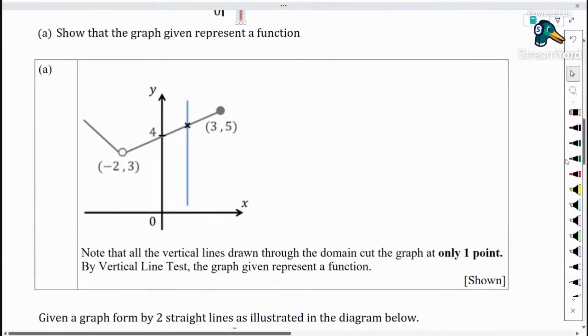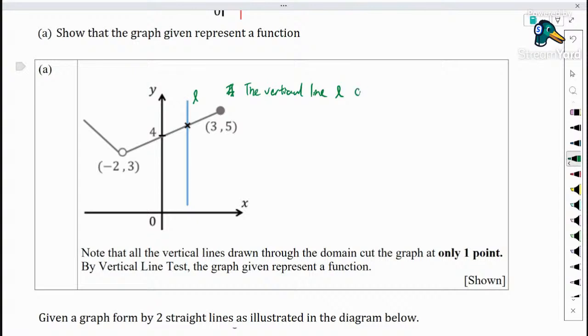We can say that if the question wants explanations, maybe we draw a vertical line. Then we give a name to this vertical line. So let's say I simply call this line L. We say that the vertical line L cuts the graph.